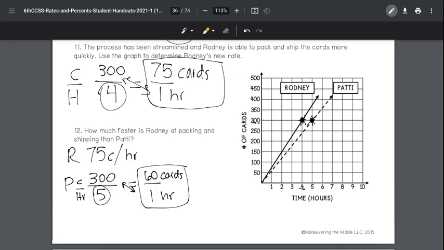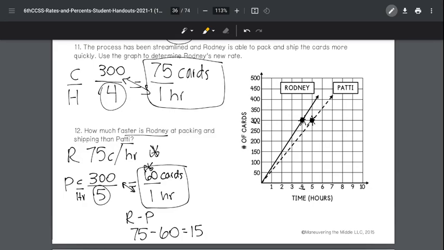Okay, there's Patty's information. Here's Rodney's information. And it says, how much faster is Rodney compared to Patty? So I need to find the difference between those two numbers. Rodney minus Patty is 75 minus 60, which equals 15.